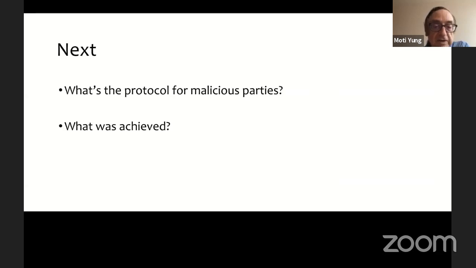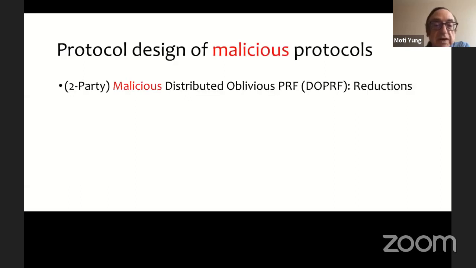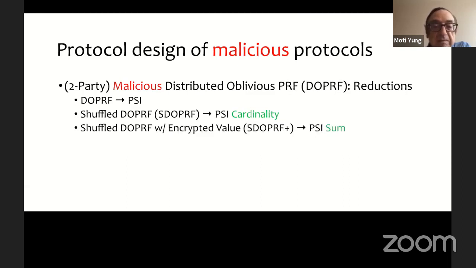So what's the protocol for malicious party, and what was achieved? And this is next. So, protocol designed for malicious. We have two parties. And now, instead of distributed Oblivious PRF, which has nice properties like parallelization, we want to do malicious distributed Oblivious PRF. So distributed Oblivious PRF implies PSI, just by the two parties applying their keys, like in the honest but curious. Then, if you add a shuffle on the separated elements, you can get cardinality, as was shown also by the protocol.